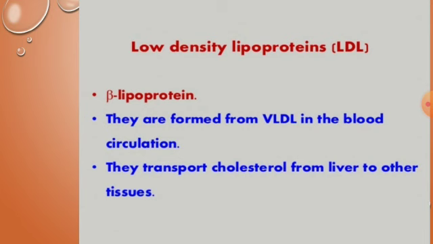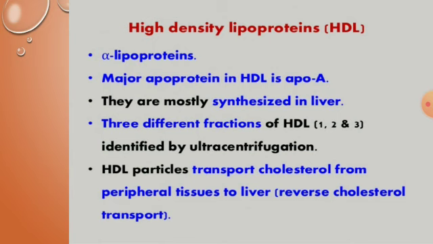LDL are also called beta lipoproteins. They are formed from VLDL in the blood circulation. They transport cholesterol from the liver to the other tissues. And the next one, high density lipoproteins, HDL, also called alpha lipoproteins. The major apoprotein in HDL is ApoA. They are mostly synthesized in the liver.